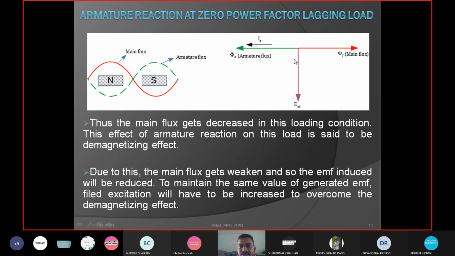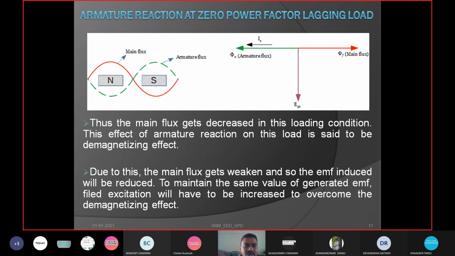In this phasor diagram we can easily see that the armature flux and main field flux both are in direct opposition. In this waveform also, this red waveform is for main field flux, this green dotted waveform is for armature flux. If we take this as the reference point, here is the maximum main field flux, and in direct opposition here we have a maximum armature flux.